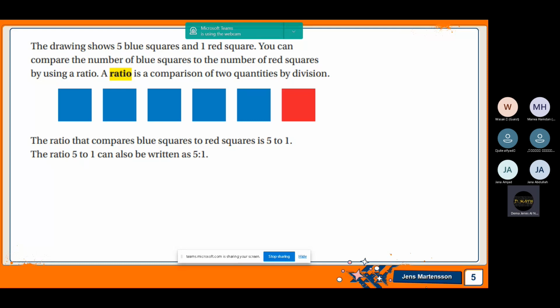So, 5 to 1. Blue here is a part of the whole shape, and the red is a part of the whole shape. So this is a different usage of the ratio: I can say part to part. In the fraction, I can't say part to part. I can say part to whole only. But in the ratio, I can say part to part.